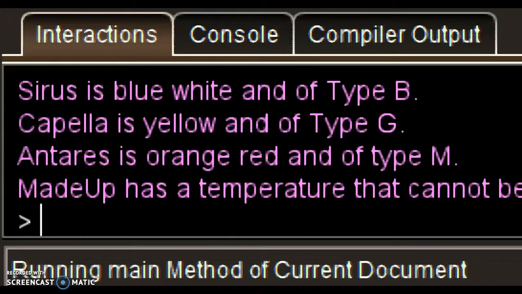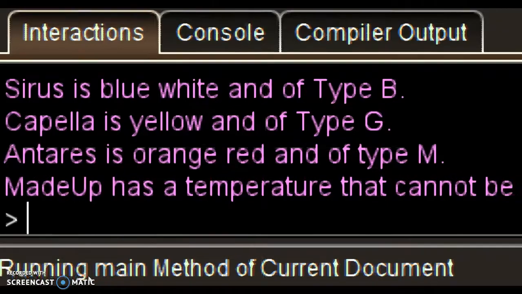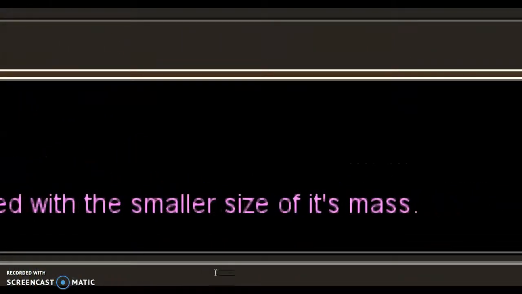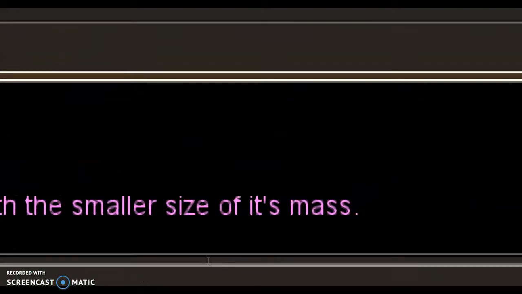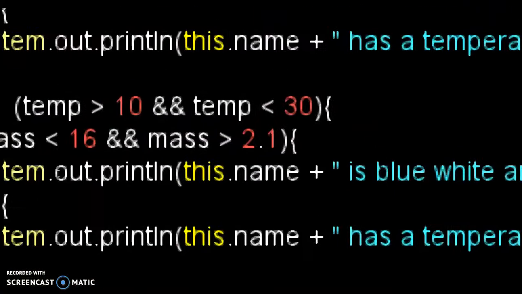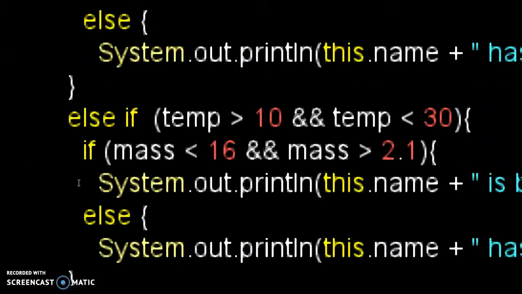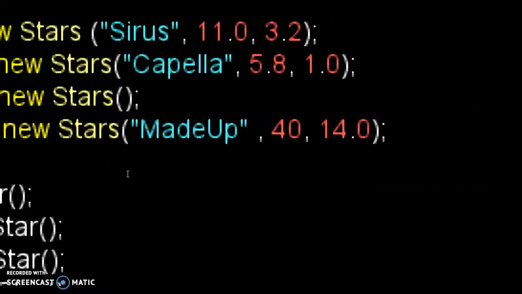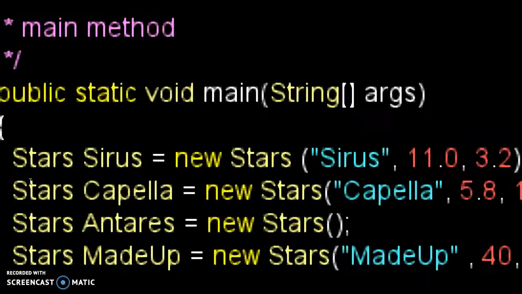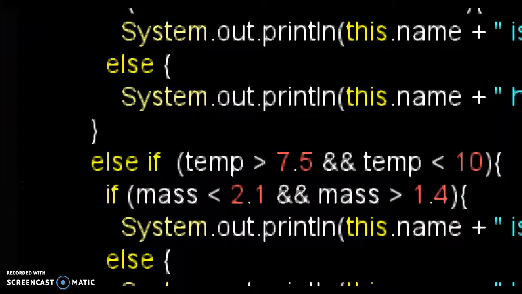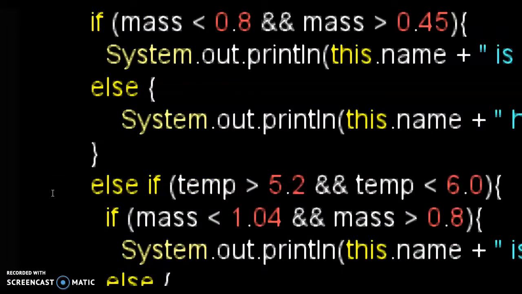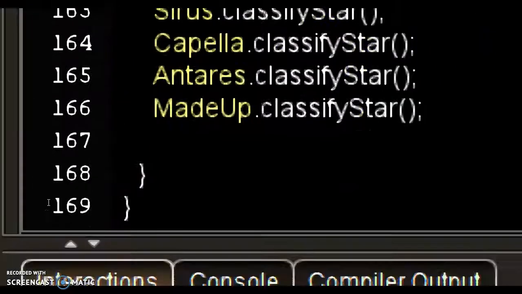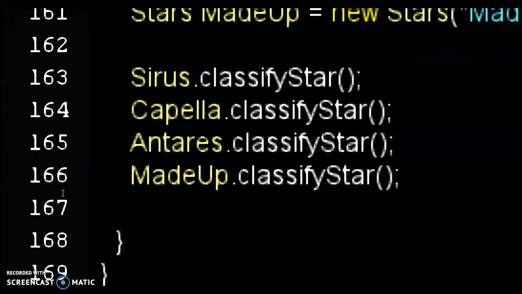If you notice our made up star, it says that it has a temperature that cannot be classified with the smaller size of its mass. And this is because if we look back up, we gave it a temperature of 40 kilokelvins with a 14 solar mass, which does not fit anywhere in our classification system. So you can see our class is working.